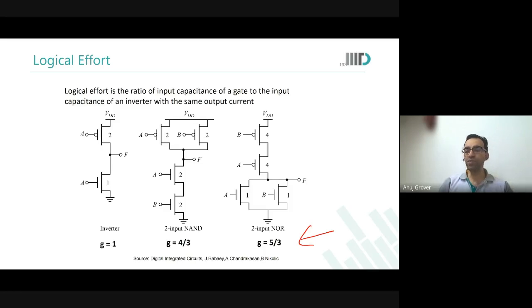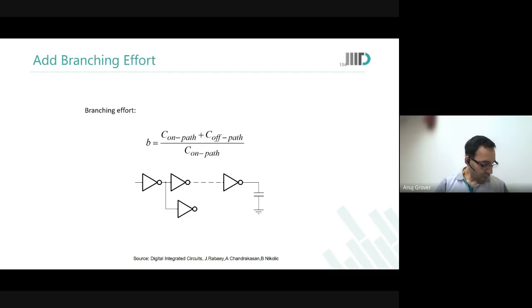So in that case, we started to look at the path effort. I'm not yet using the word path delay; I'm using the word path effort. When we do that path effort, we looked at what is also called branching effort, where we said that when things branch, some effort also goes in the branching operation.